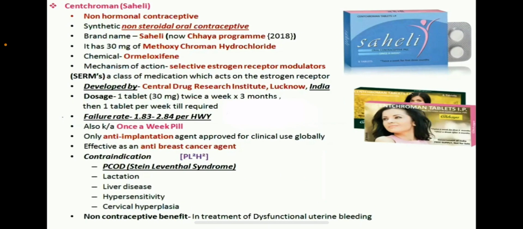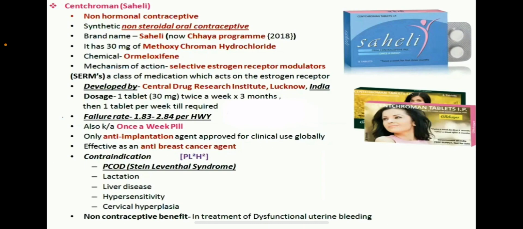So now let us summarize Saheli, Centroman. Centroman is a non-hormonal contraceptive. Its brand name is Saheli under the Chaya program. It has been included in the year 2018. It is developed by the Central Drug Research Institute. What is the action? It has estrogen receptor modulators, and very important, 2 tablets per week for a period of 3 months, followed by one tablet a week until they require the contraception.